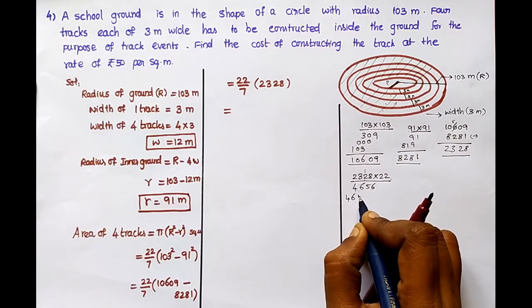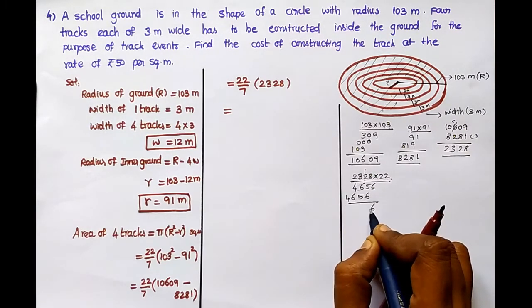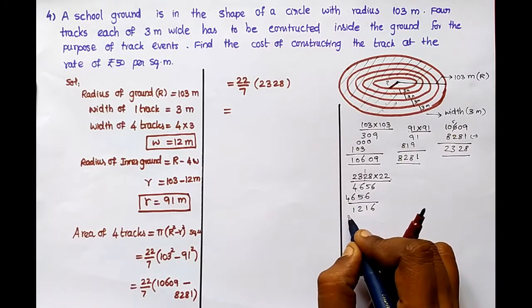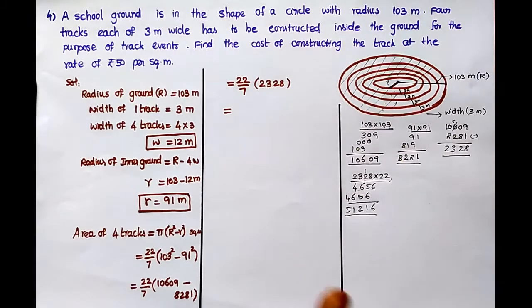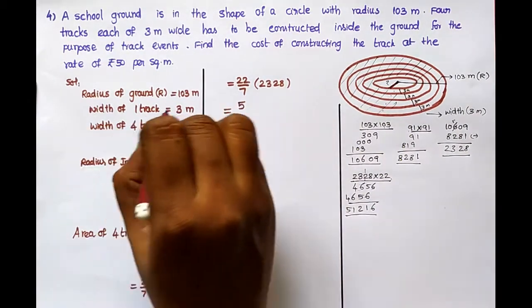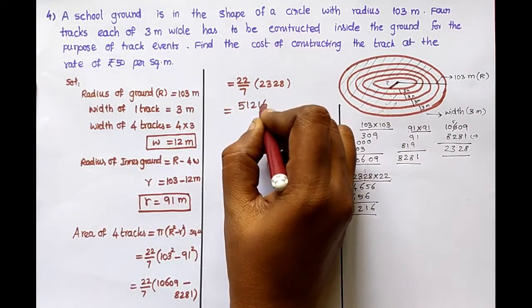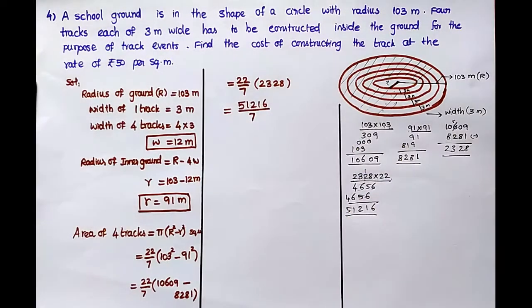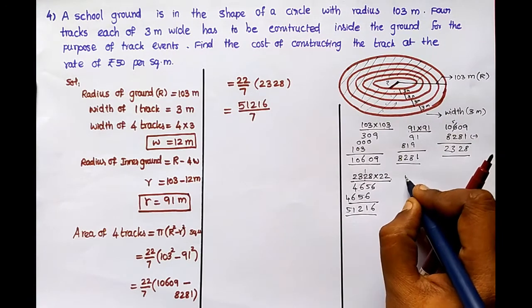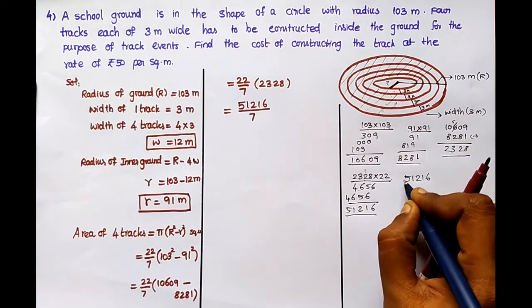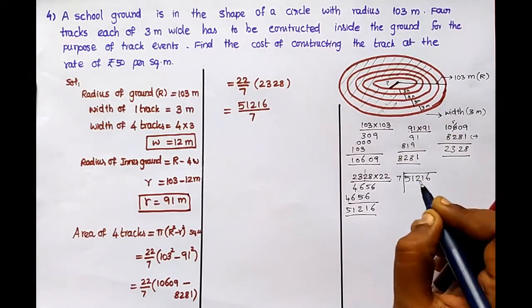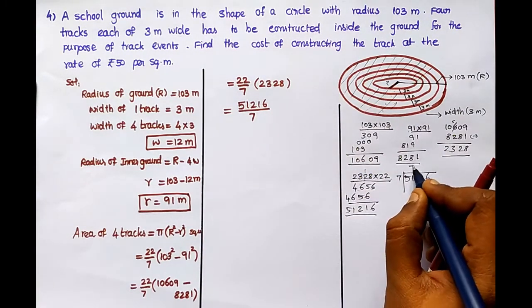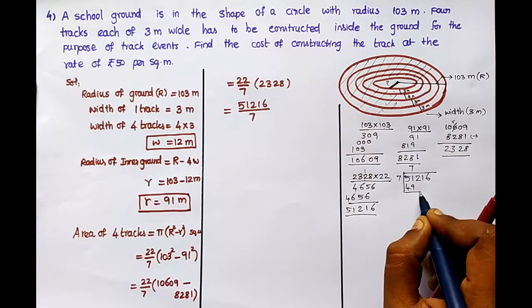So add this one. 51,216 divided by 7. So divide. 7 sevens are 49.